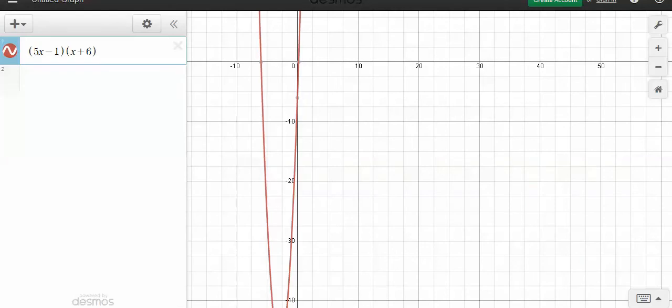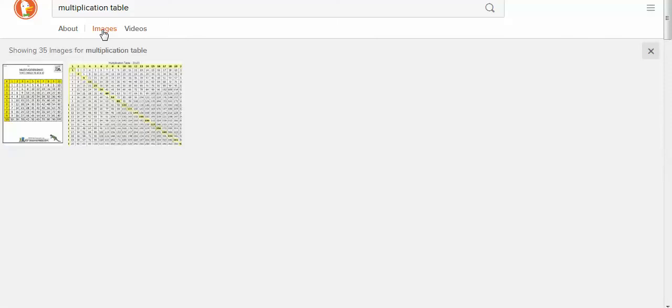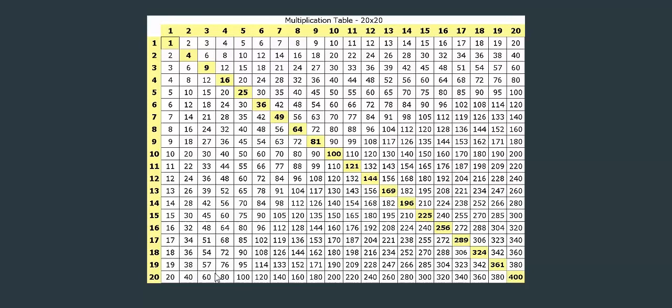Let's add a tab over here. See if we can find a multiplication table like one you've seen when you were a kid. This looks like a nice one. All right. Now have you seen those numbers? Oh, they're all the highlighted ones. What are these numbers?